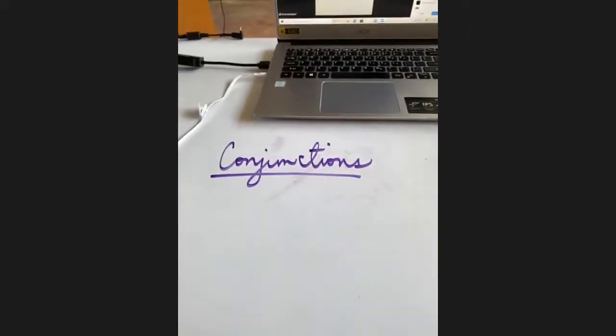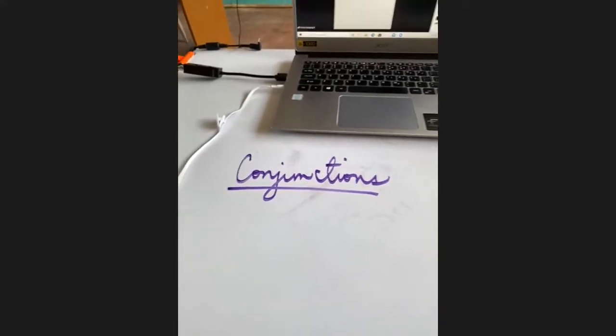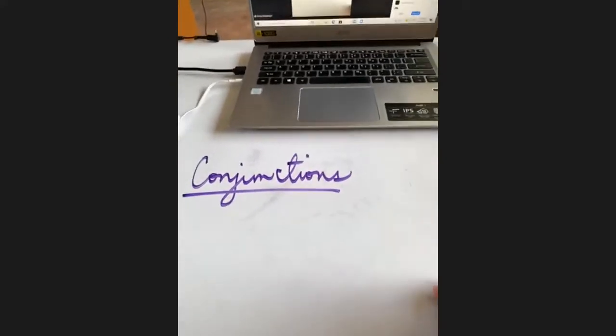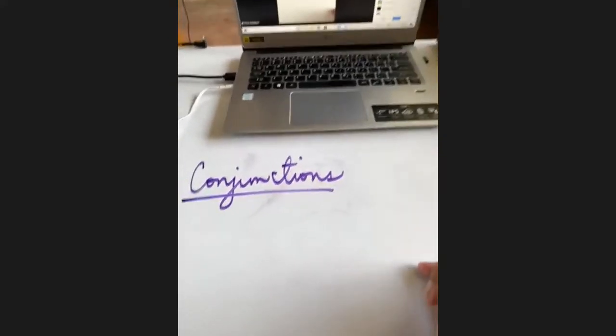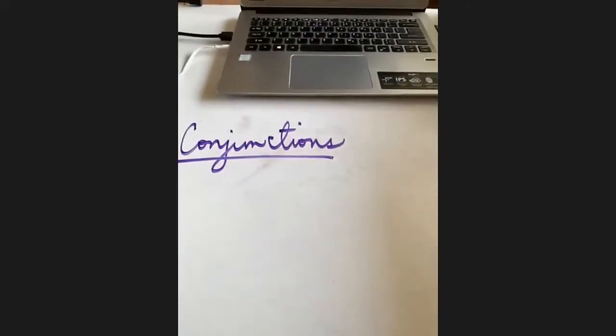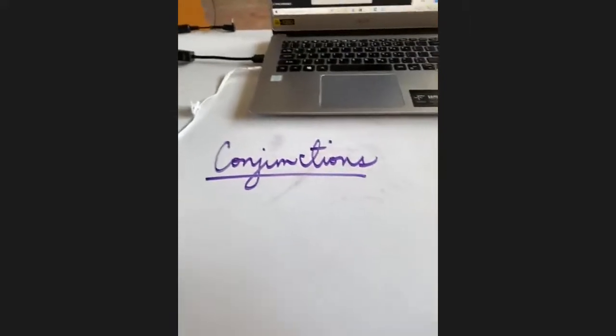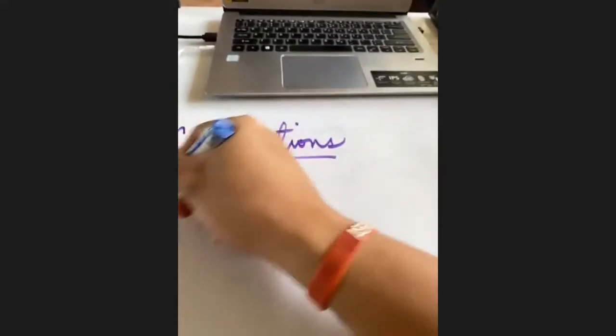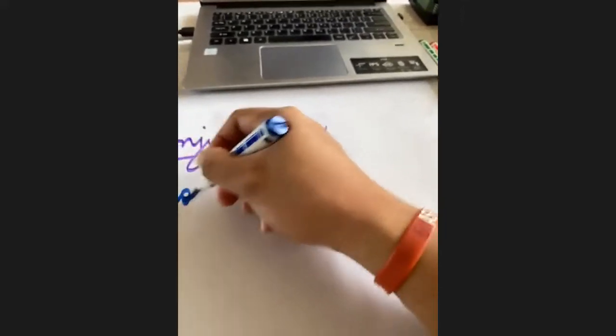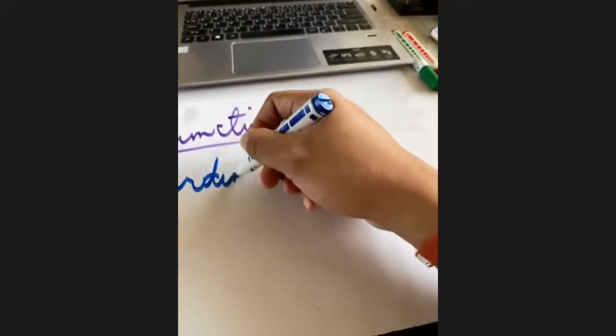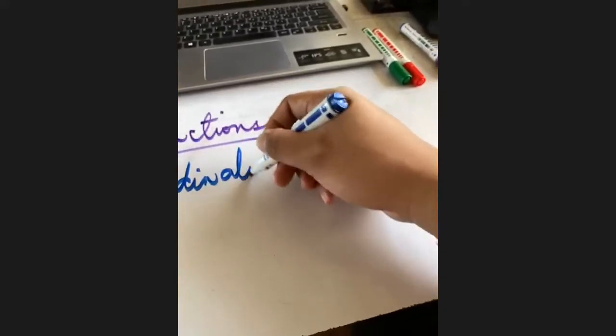For now, our focus would be conjunctions. As we are trying to coordinate ideas, that simply goes to show that the kinds of conjunctions that we are going to use are coordinating conjunctions.